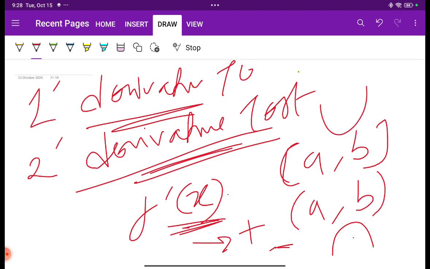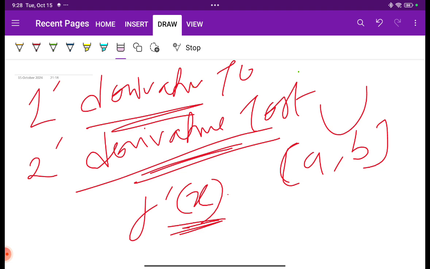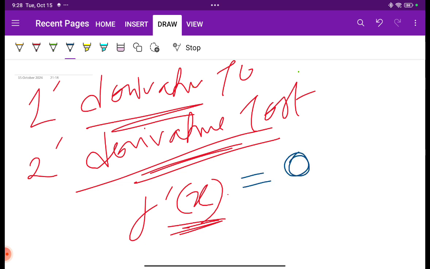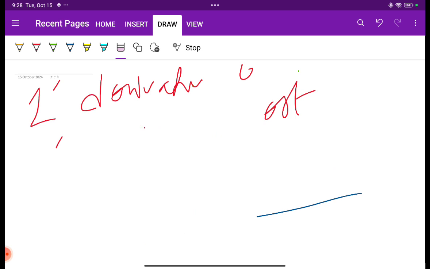And if the value is 0, now we are talking about the first derivative, then the graph will be horizontal. Now let's talk about the second derivative test.